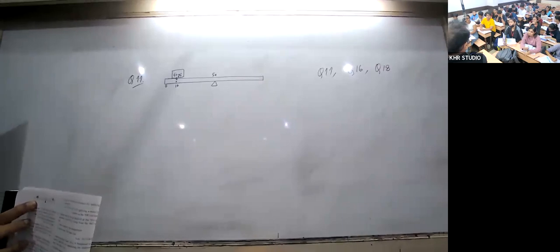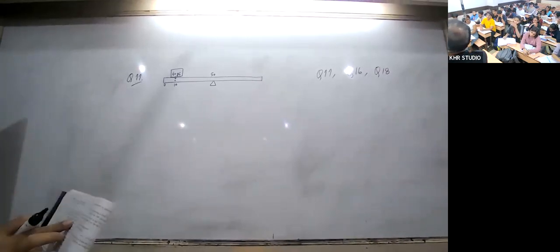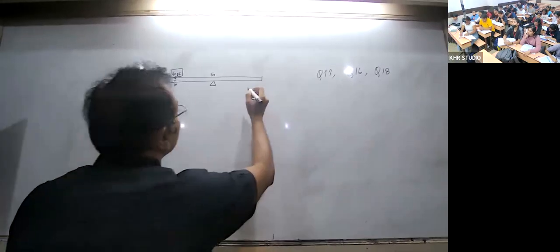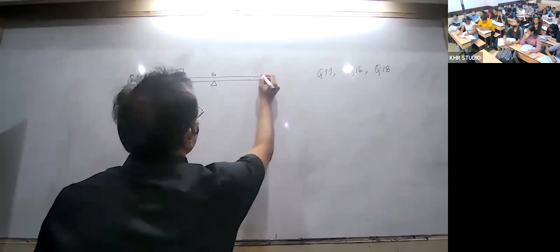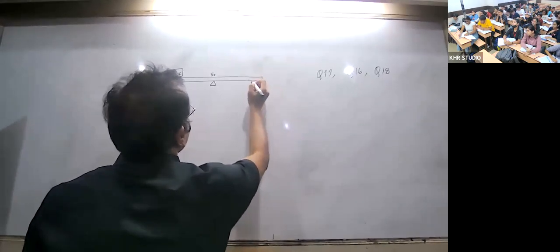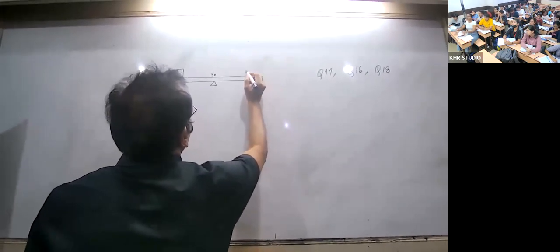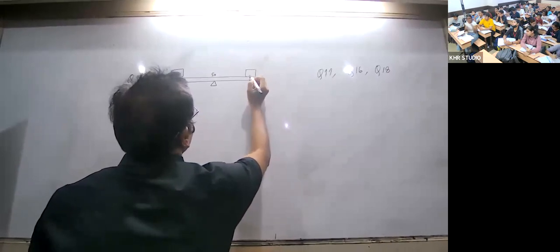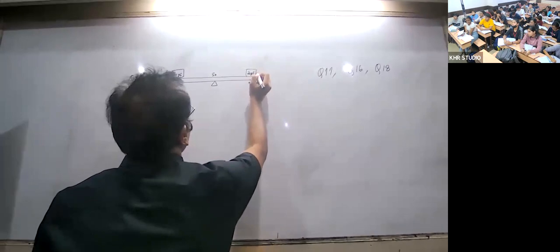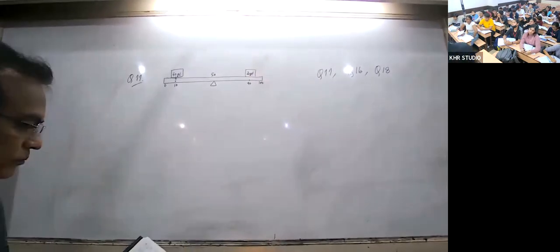Now it is not hanging, it is kept on top. And 20 gram force is at mark 90. This is a scale, and this is 90. What is the weight here? 20 grams.